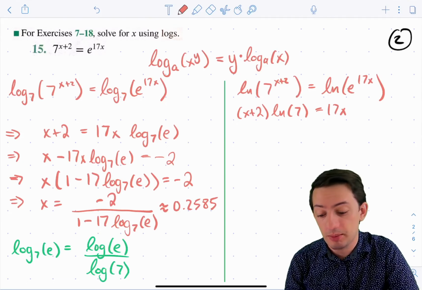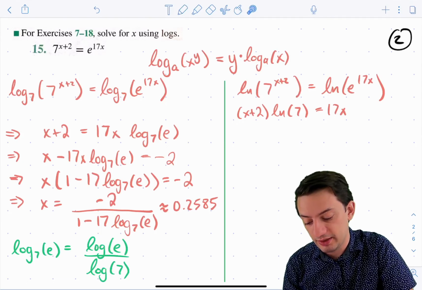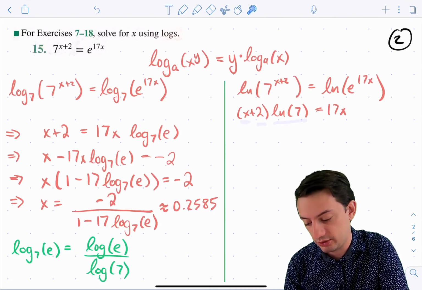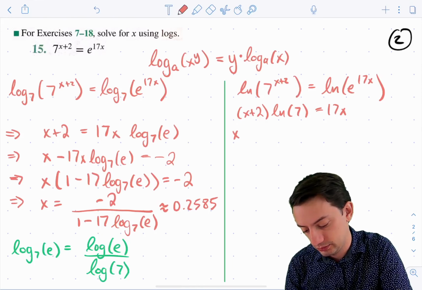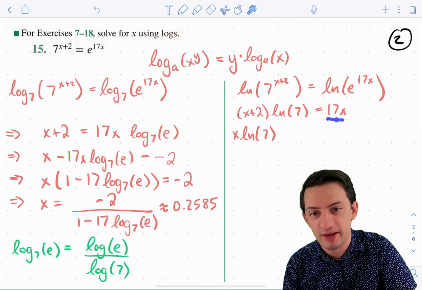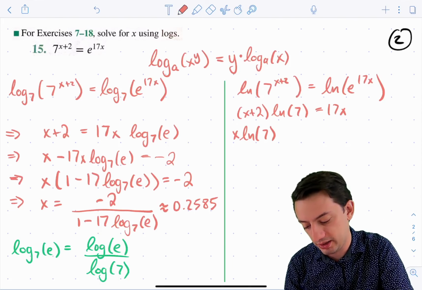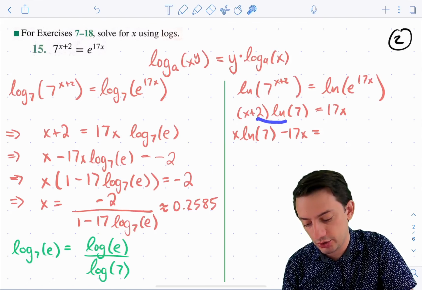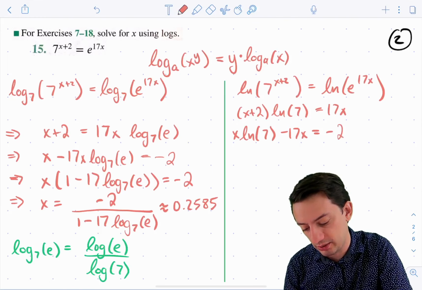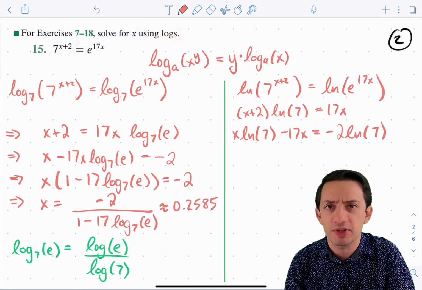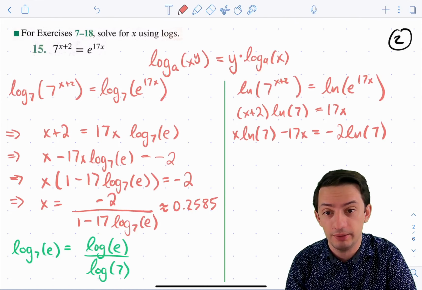And now we need to do the same kind of thing. This is really an x times natural log of 7 plus a 2 times natural log of 7. I'm going to bring the 17x over to the left with a minus. And then we also had a 2 natural log of 7, which I'm going to bring to the right with a minus. I'm skipping over a few of the steps here because they're so similar to the other side.